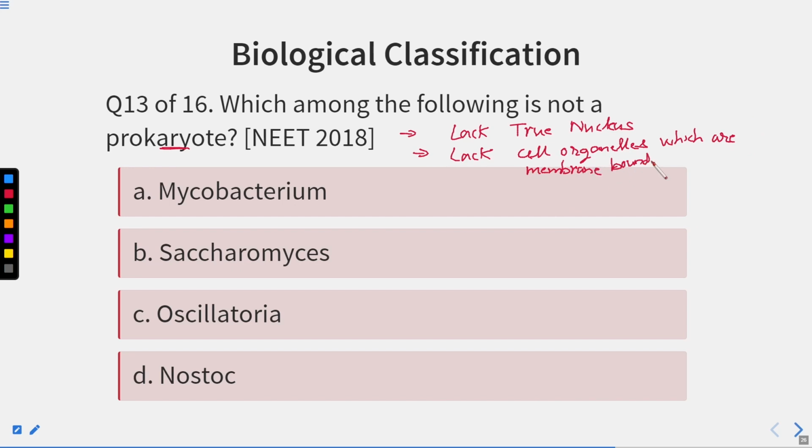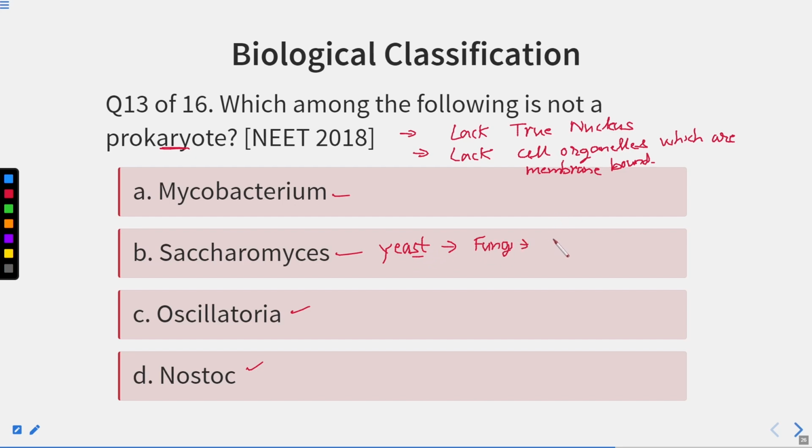Okay. So Mycobacterium. Next option is Saccharomyces. Then we have Oscillatoria and Nostoc. Saccharomyces is also commonly known as yeast. So what is yeast? Yeast is a fungi. It comes under kingdom fungi.